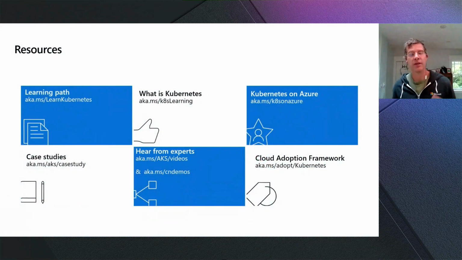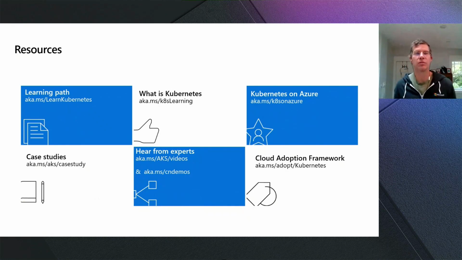In particular, we have resources for everyone, from people who are just starting to learn about Kubernetes with our learning path and our What is Kubernetes videos, to some resources about how we build Kubernetes on top of Azure.